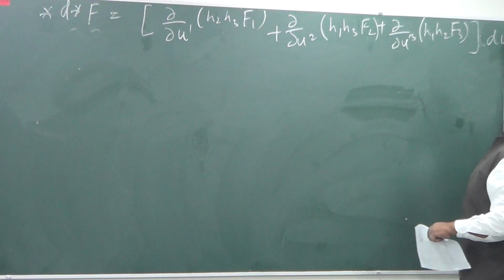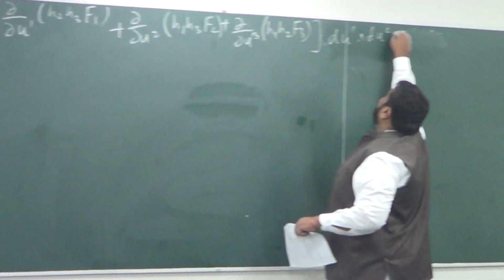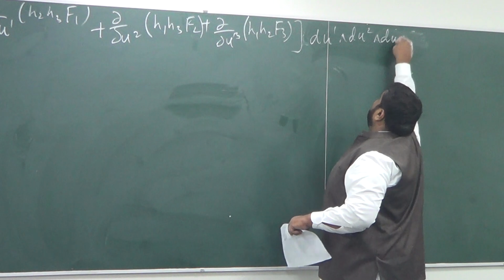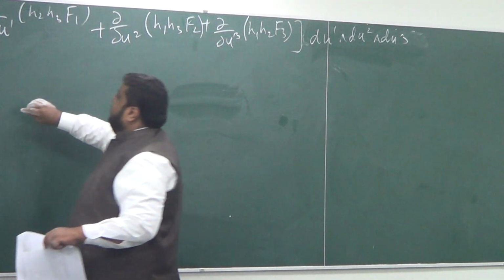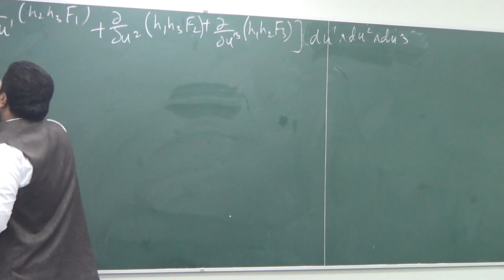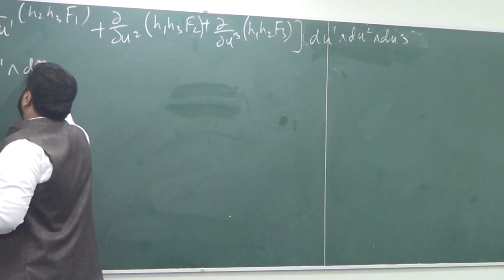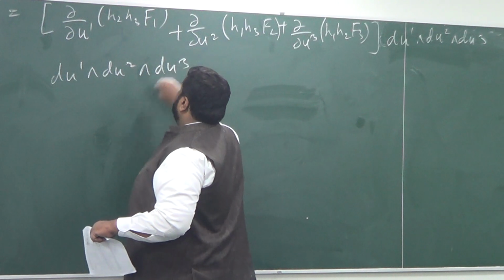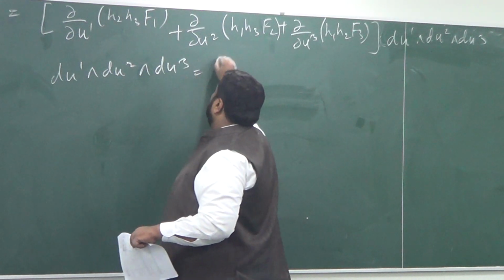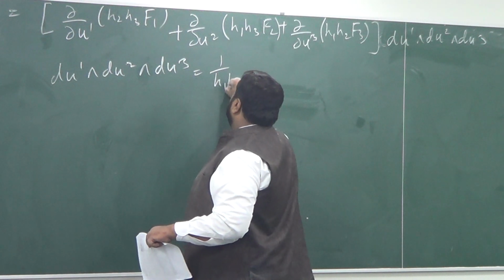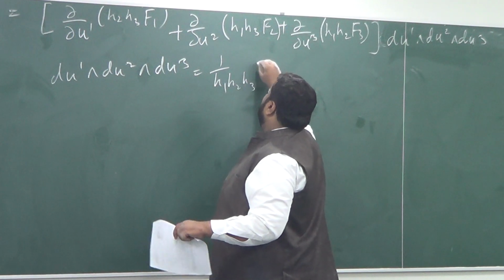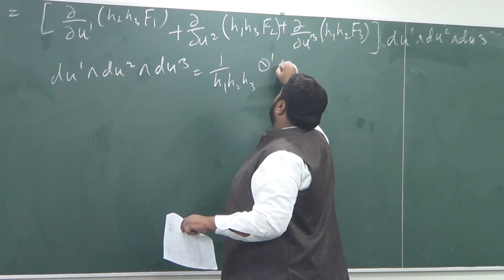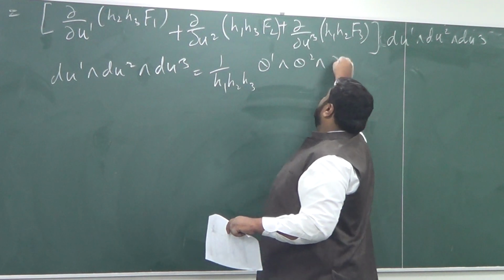This is a very good point. So you have du1 wedge du2 wedge du3, but I know that du1 wedge du2 wedge du3 is going to be 1 over h1 h2 h3 times theta 1 wedge theta 2 wedge theta 3.